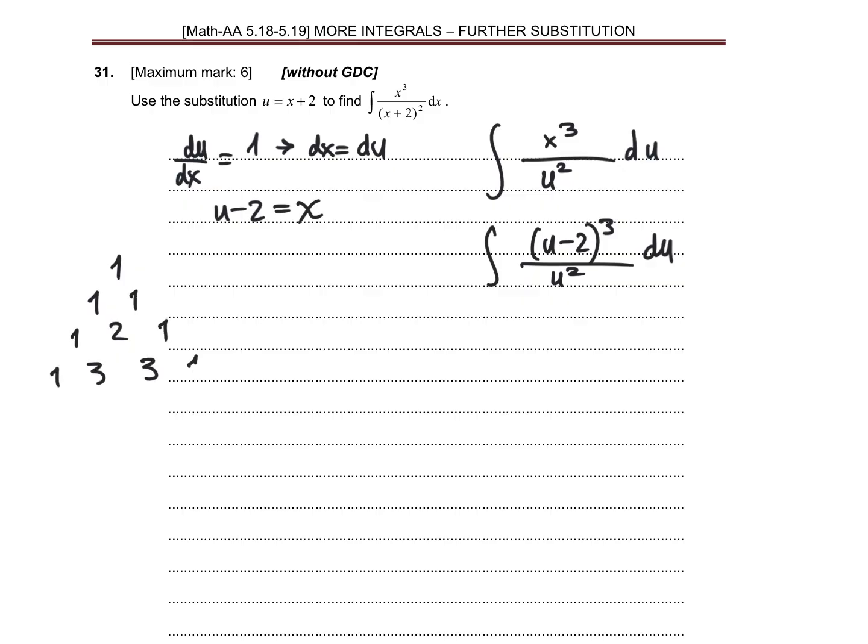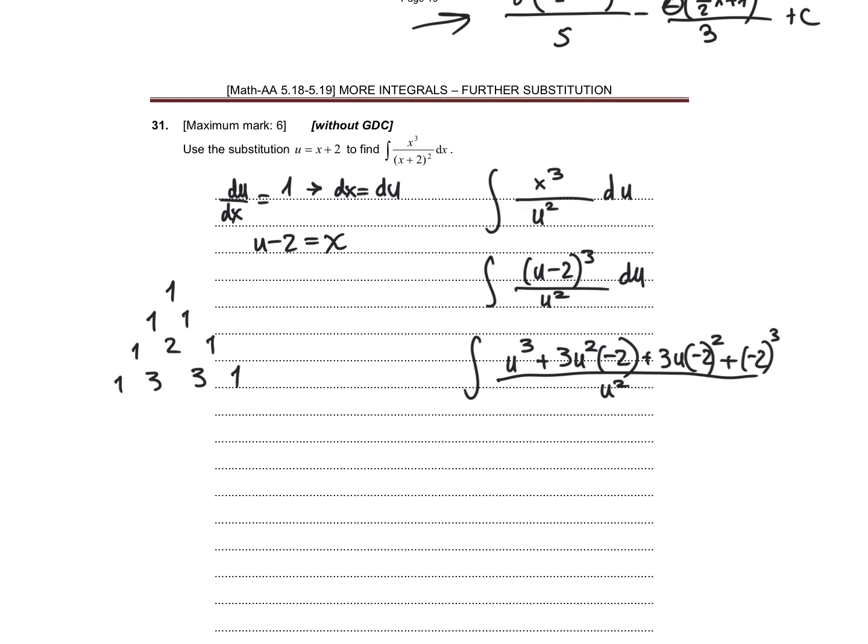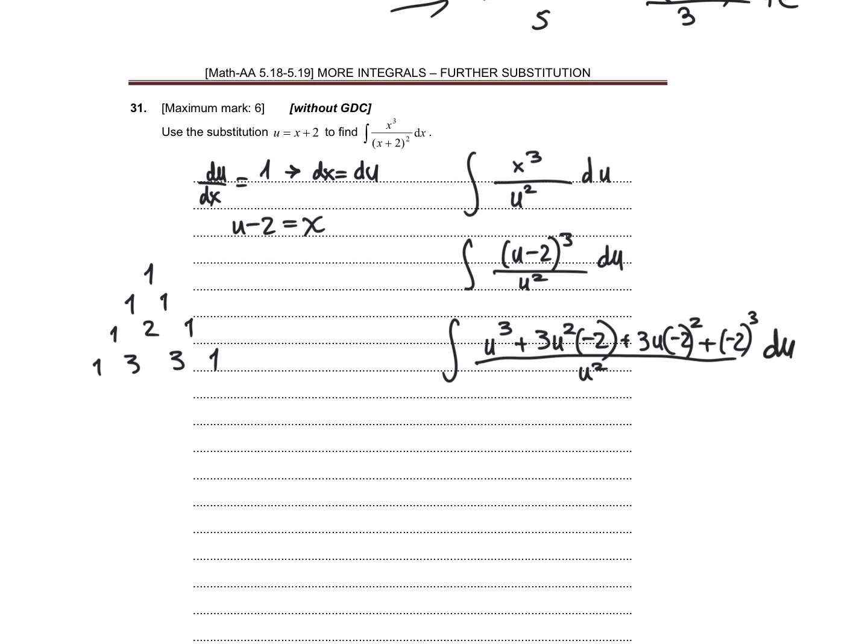I'm going to use this. So we're going to have u cubed plus 3u squared times negative 2, plus 3u times negative 2 squared, plus negative 2 cubed, over u squared du.